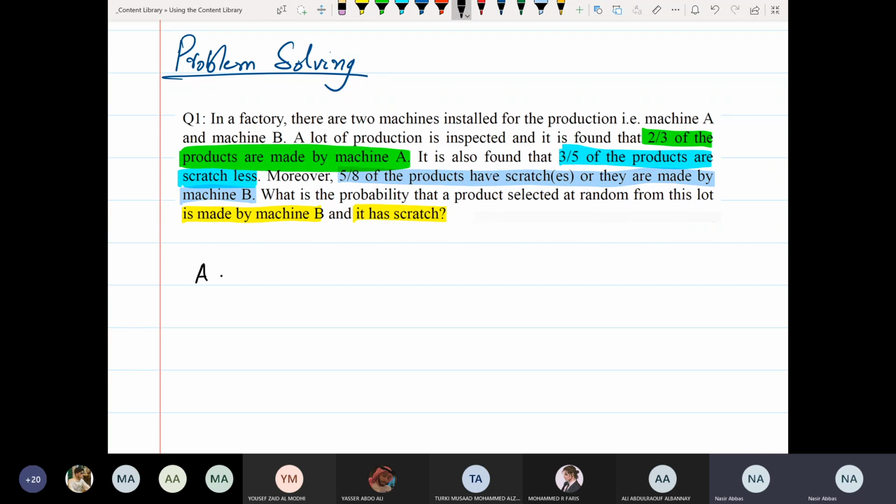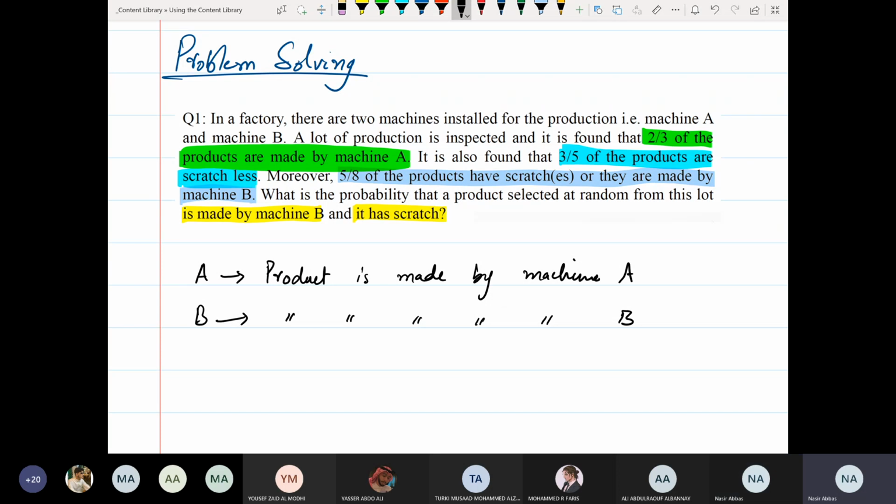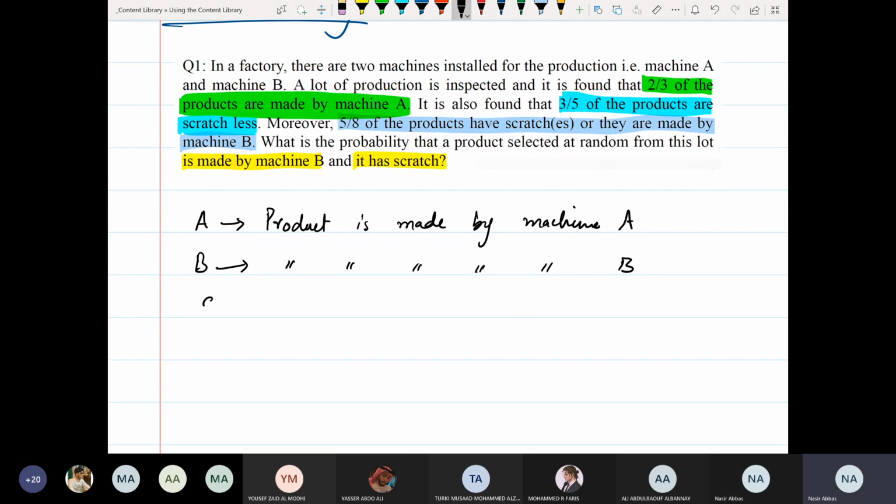I have event A, that a product is made by machine A. And B, that the product is made by machine B. S, that the product has scratch or scratches.